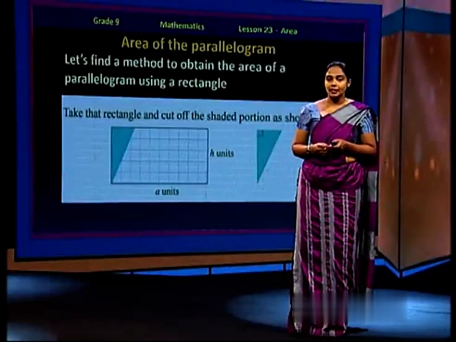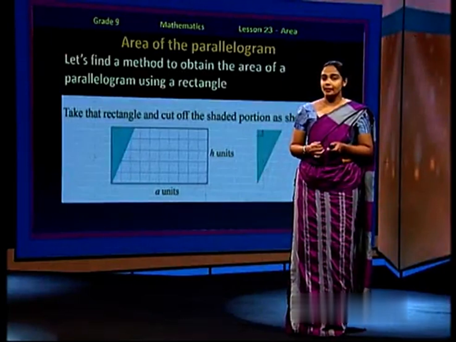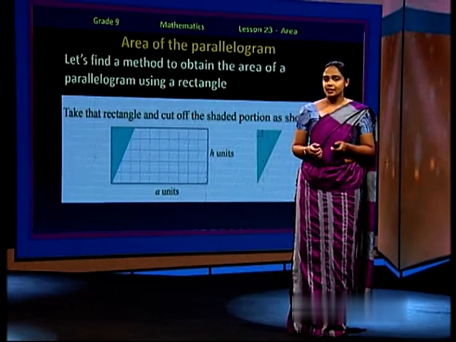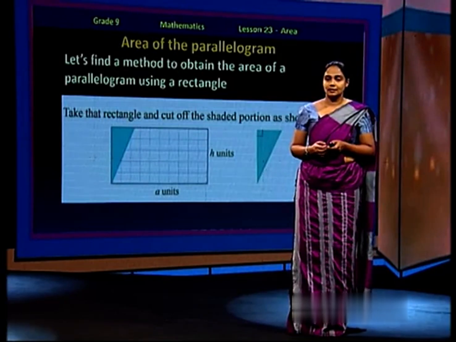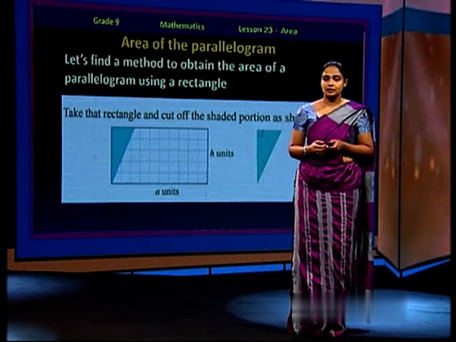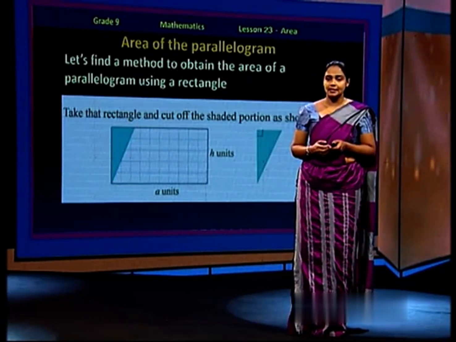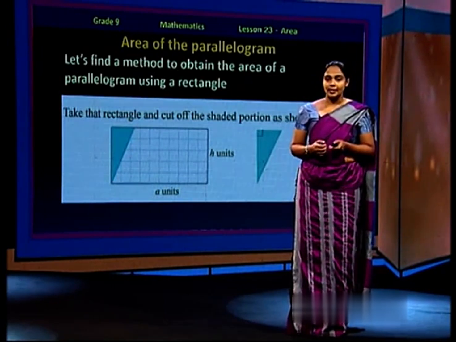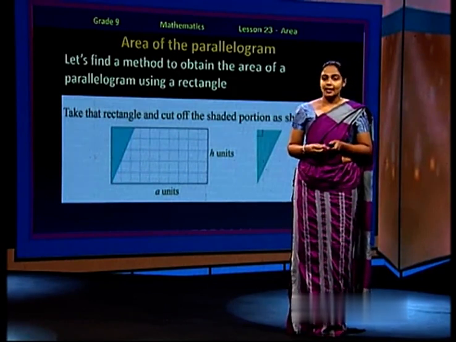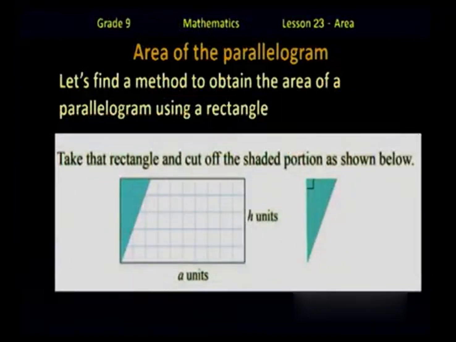Now we are going to find out the area of a parallelogram. In your textbook, you have a small activity. Now use your textbook. Here also I am representing it. You can take a rectangle. You can cut the rectangle using a small piece of paper and separate a triangular portion.